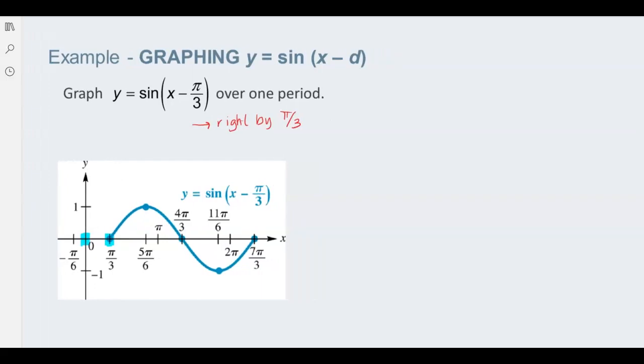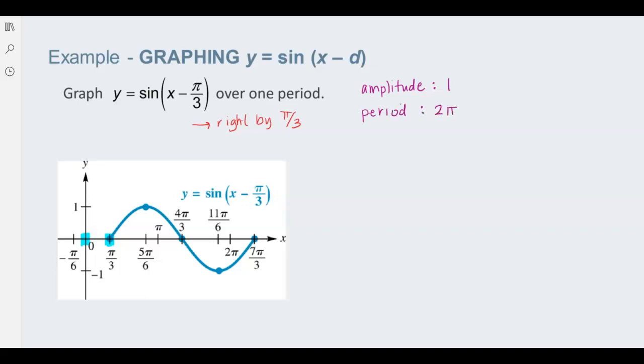Well, we know that the amplitude for this graph is still going to be 1 because there's no number that's changed in the front of sine. So the amplitude is 1. We know that the maximum value will be 1 and the minimum value will be -1. The period is going to be 2 pi.